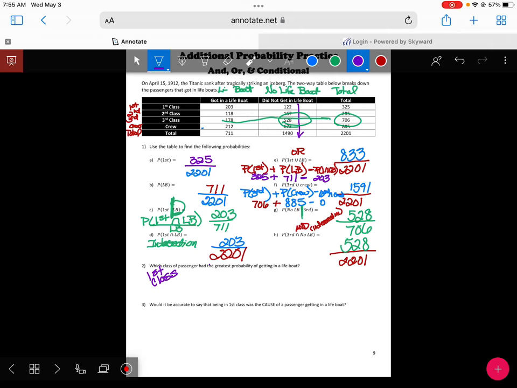Yeah, like all the people in the lifeboat line, which one has the most? Now listen to the question again. Which class of passenger had the greatest probability of getting in a lifeboat? Do you look at the intersection out of like the total?